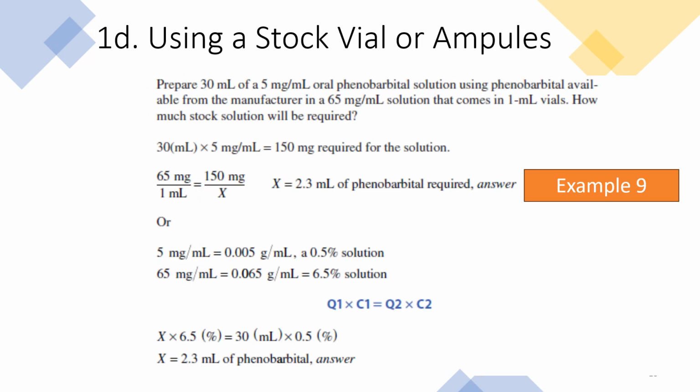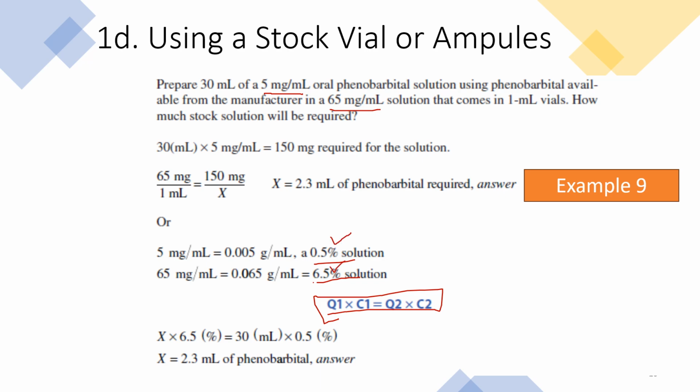Students, this is the fourth subsection under the first learning objective, where they will give information about stock vial or ampules. In this question, for the first one, you can convert the 5 mg/ml and 65 mg/ml into percentage strength, and then use the Q1C1 and Q2C2 formula, placing the concentrations.